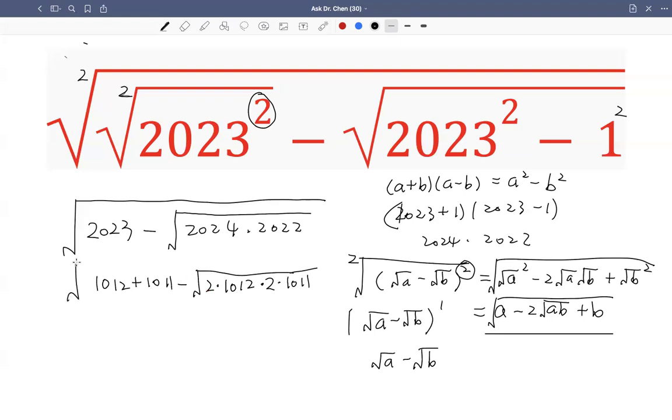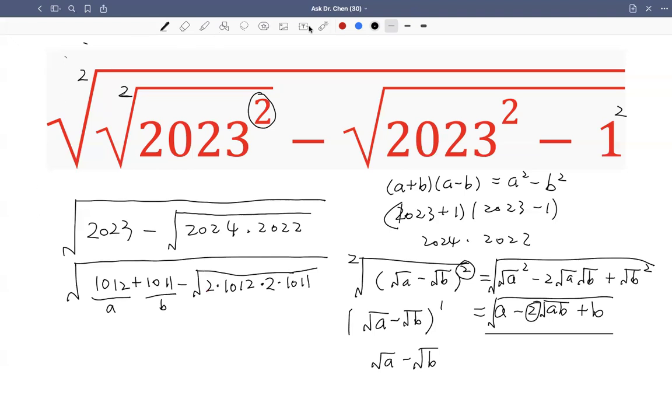Oh, this is beautiful. Now we see our A and B here. We see we have A plus B. We can treat this one as A and this one as B. Now it seems like we're missing this 2.